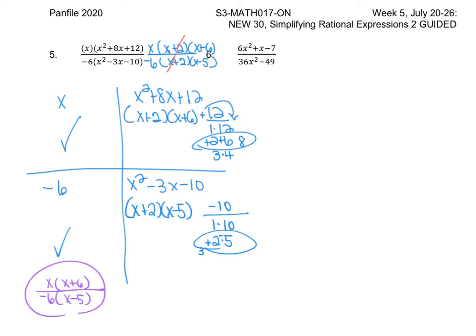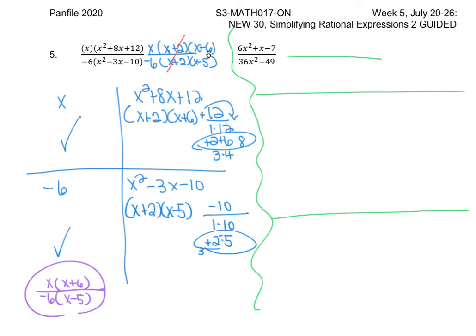Now for number 6, we're going to look at this one, and we're going to see that on top we actually have to group, because our A is greater than 1, so 6 times negative 7 is negative 42.